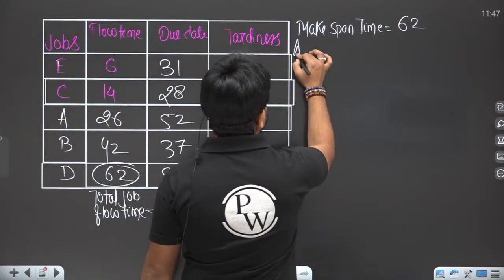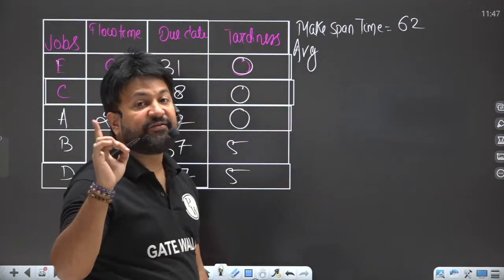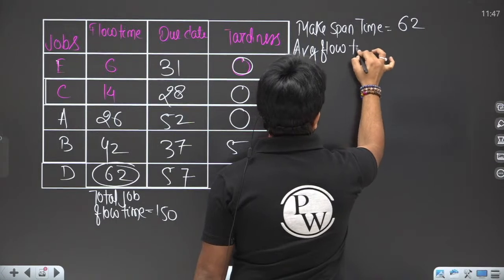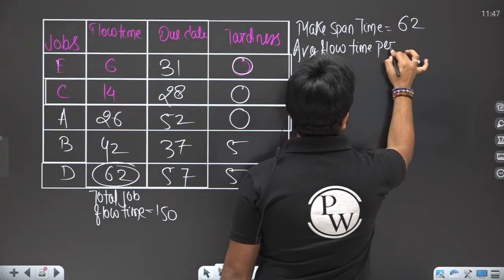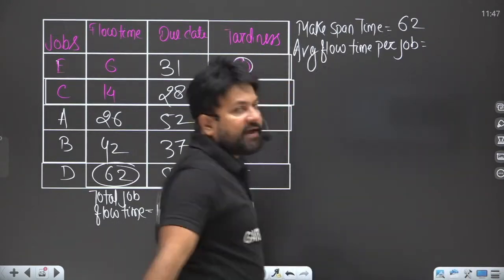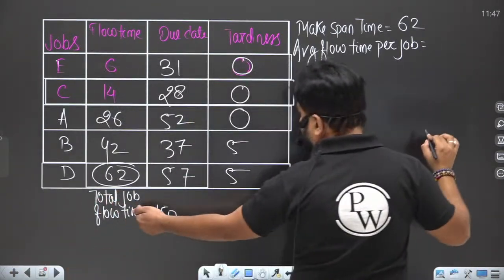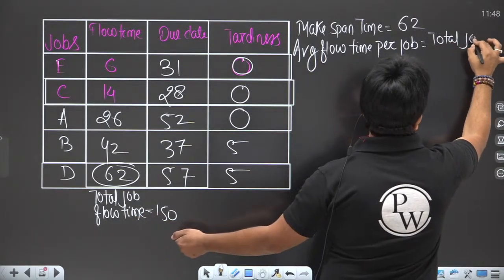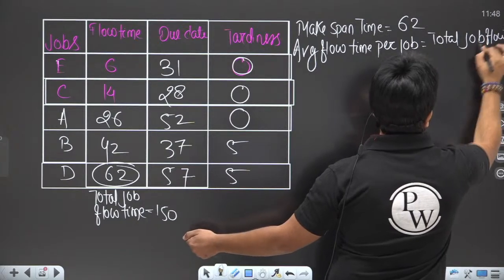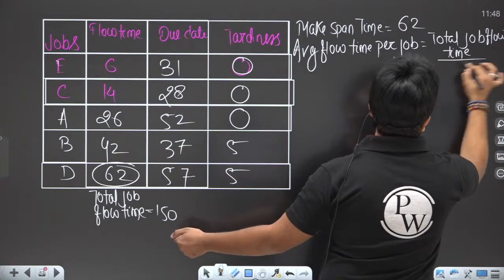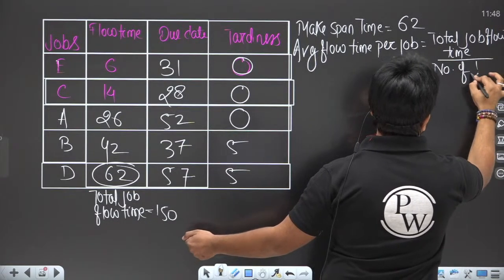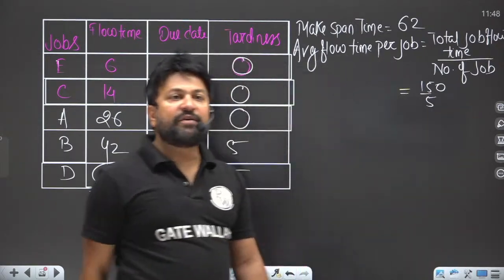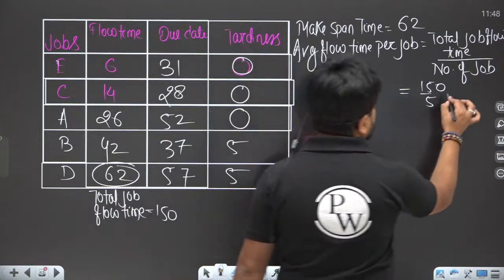Now you have to find average flow time per job. How can you find average flow time per job? Total job flow time divided by number of jobs, equal to 150 divided by 5.